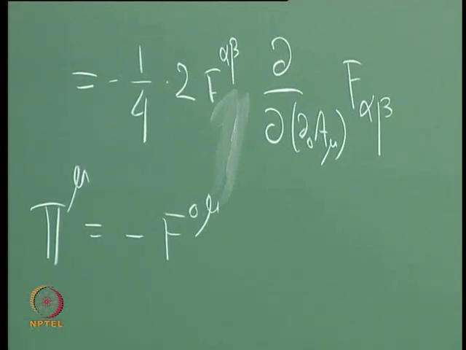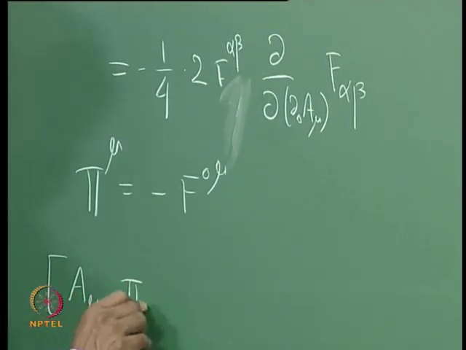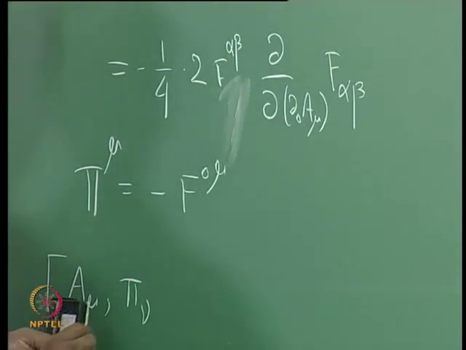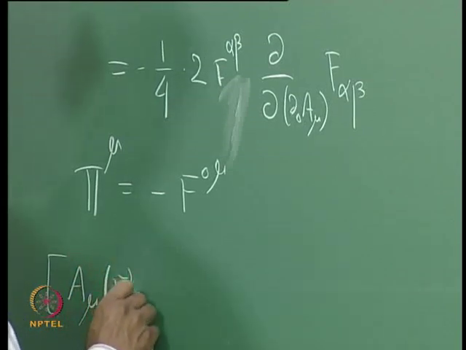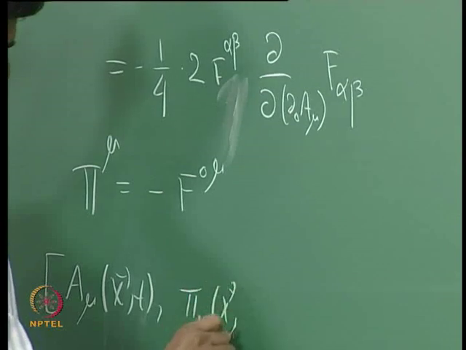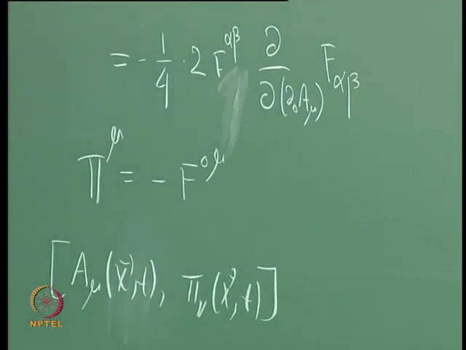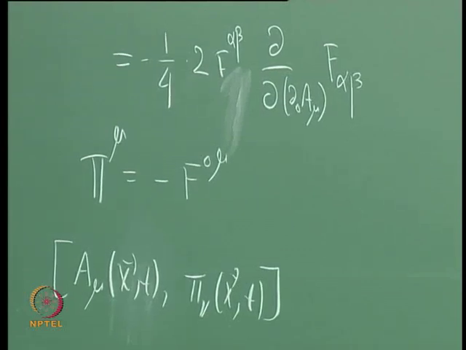You might think of considering the commutation relations of A mu of x, t with pi nu of y, t. However, it is not so trivial. The reason is the following.